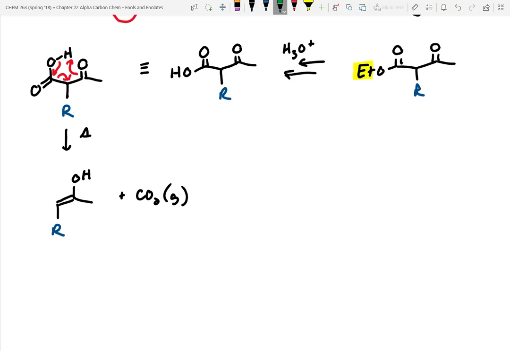And just like before, this is our enol. Enols are not very happy being enols. They would much, much, much rather tautomerize into their keto form. And we're able to get our desired final product there.